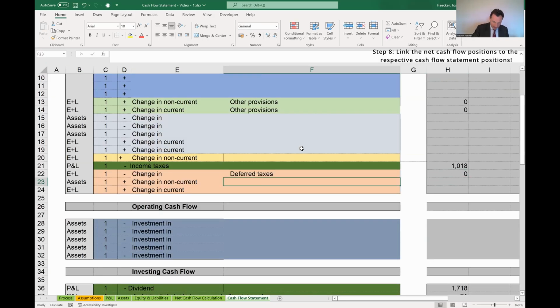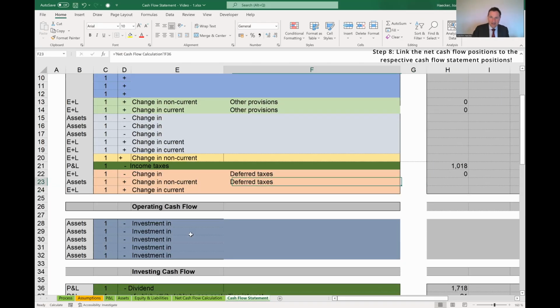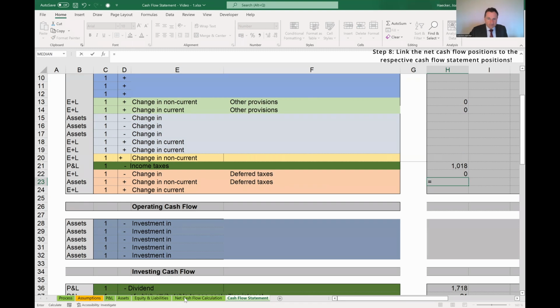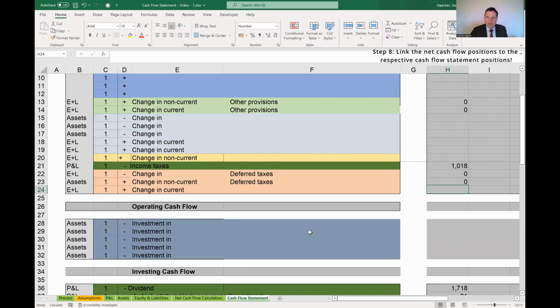Now comes the change in deferred taxes on the liabilities side here, which needs to be added, therefore a plus. So also 0.